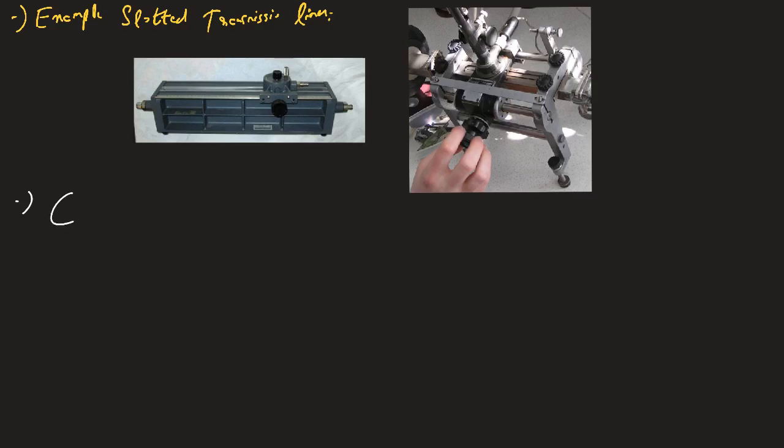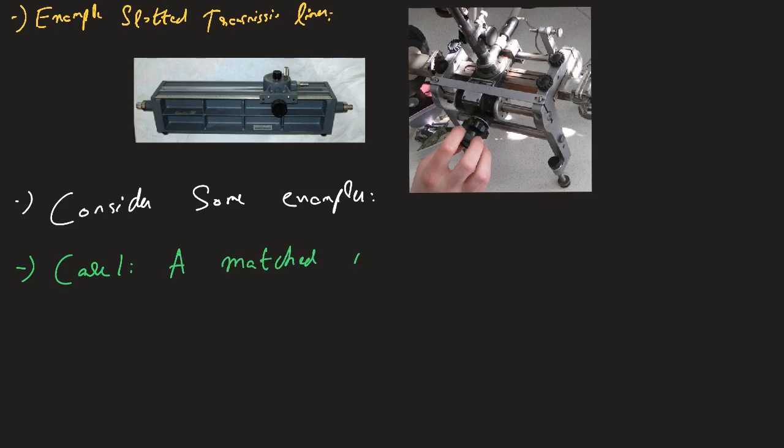So the first example that I want to consider, let's call this case 1, is a matched impedance, meaning that ZL is equal to Z0.